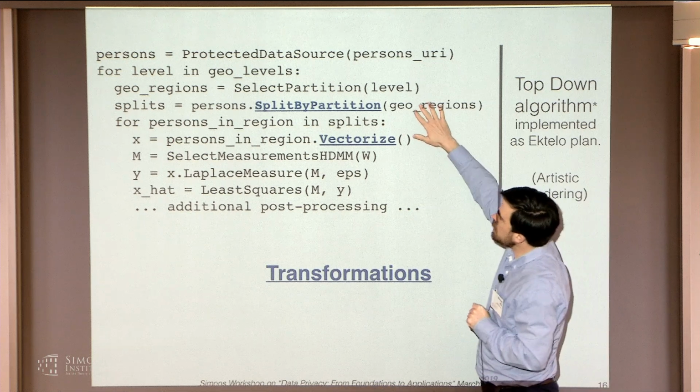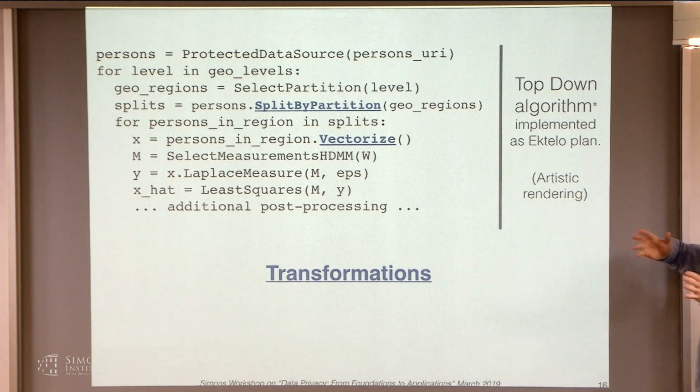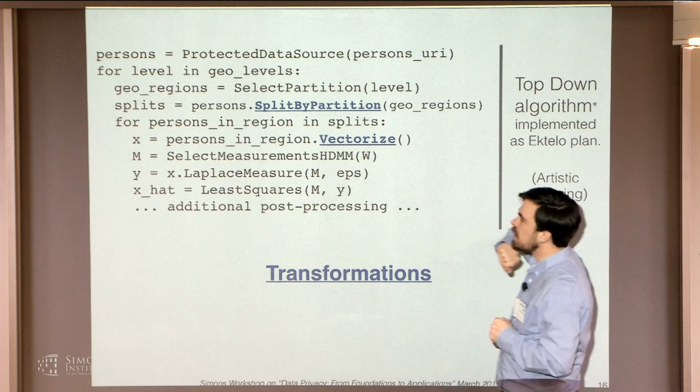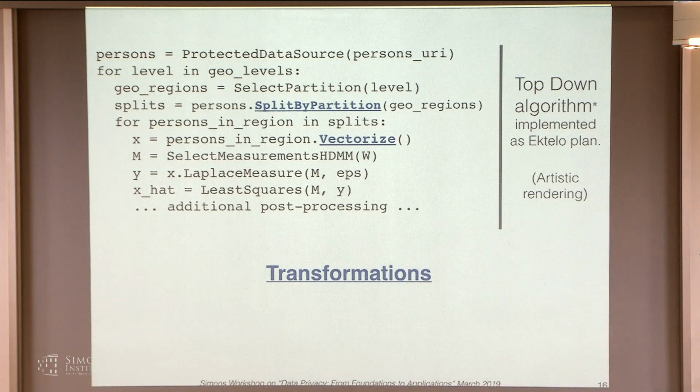Then the first thing we do is a transformation operator, where we take that original data set and split it up into smaller data sets for each region. We loop over those smaller data sets, and for each one we invoke this vectorize operator, which takes the data from microdata form into what you can think of as a histogram over all person types. Both of these operators are examples of transformations. They're not actually releasing anything about the data, but simply manipulating it to prepare it for later computation.